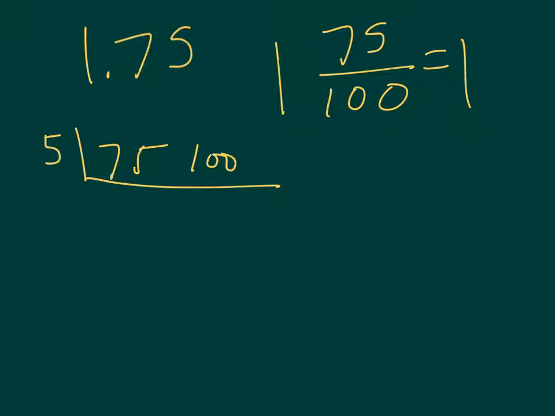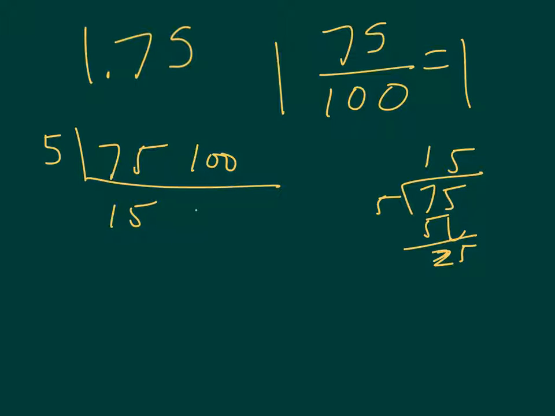75 divided by 5, and do you remember how to do that? 5 goes into 75 one time. Subtract, get a 2, bring down the 5, and we get 5 more times. So that's 15. And 100 divided by 5 is 20.